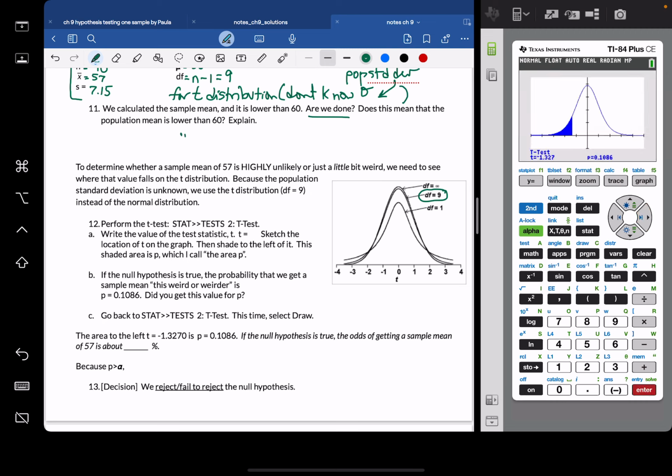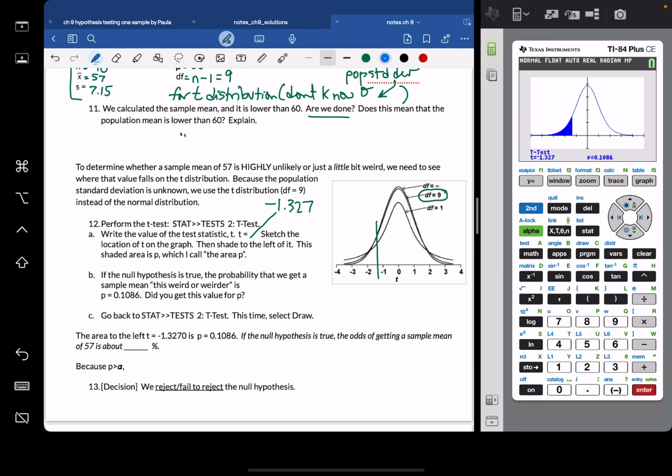Okay, so the t-score that we get is negative 1.327. So that would be right about here. Let me try that again. That's a little bit better. Negative 1.327 is where I am, and I'm shading underneath the df equals 9 line.